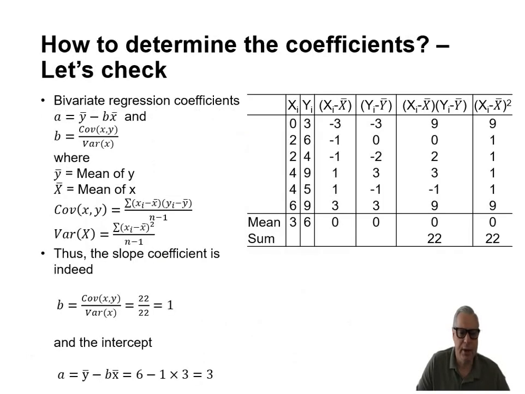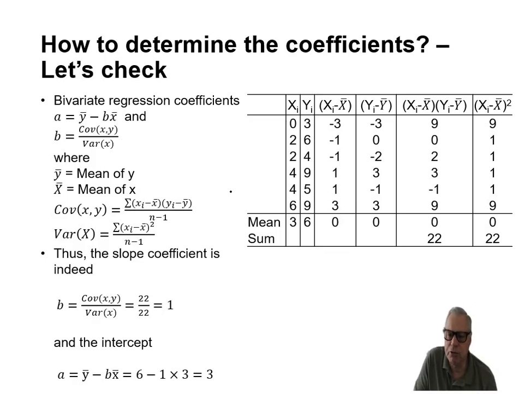So let's double check. So here's the same data, xi and yi, and actually I should maybe not have capitalized that one. But anyhow, so we want to test that the intercept is indeed 3. So we need the mean of y and the mean of x.